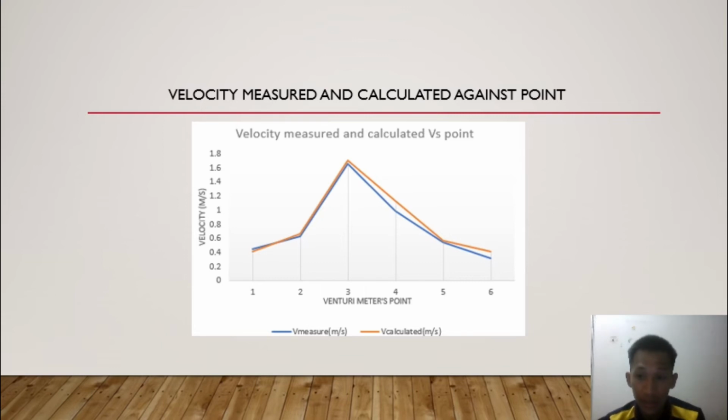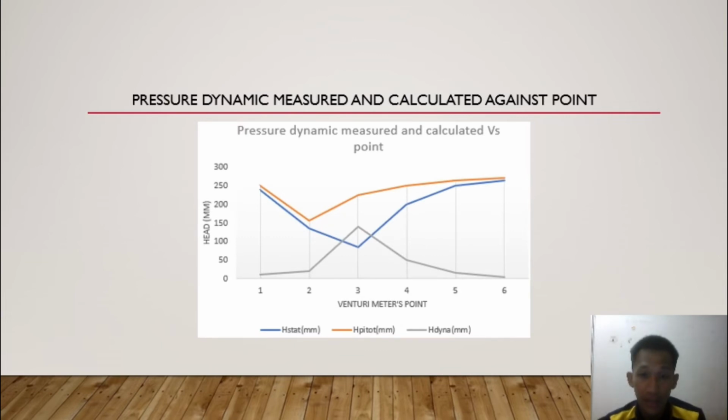And lastly, the dynamic pressure measured and calculated against point. The dynamic pressure is shown against the points of the venturimeter in the graph above. The dynamic pressure of a flowing fluid rises with its velocity.